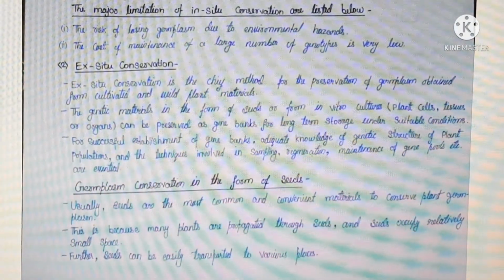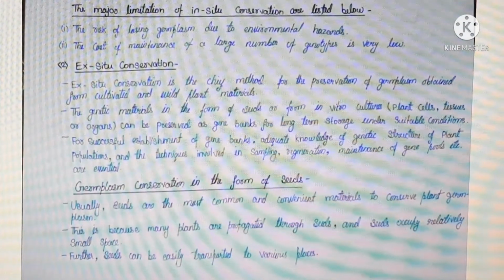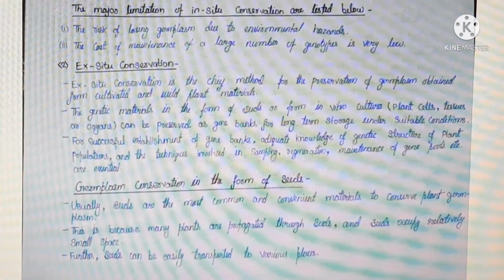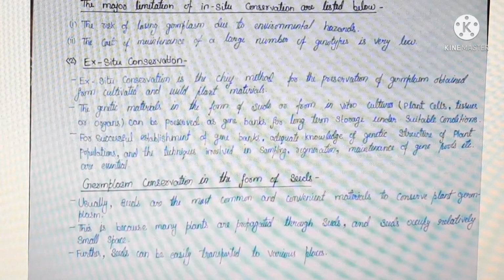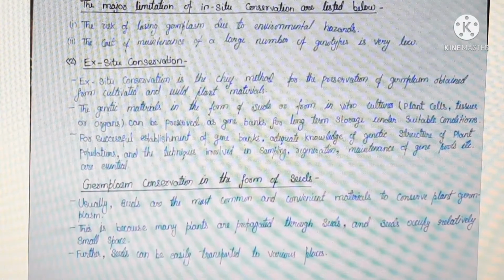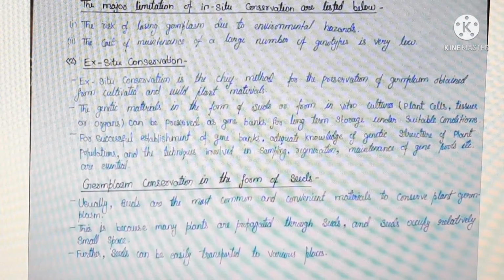Ex situ conservation is the chief method for preservation of germplasm obtained from cultivated and wild plant materials. In ex situ conservation, the genetic materials in the form of seeds or in vitro cultures, that is plant cells, tissues or organs, can be preserved as gene banks for long-term storage under suitable conditions.